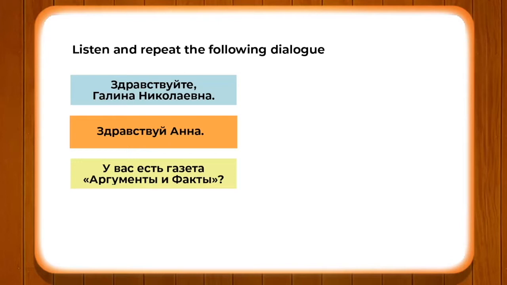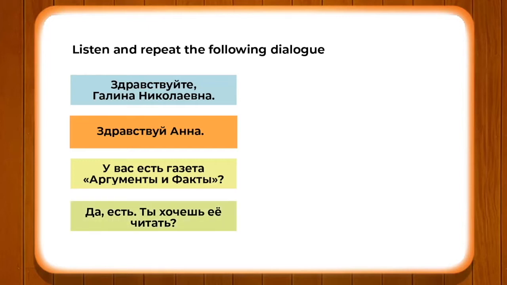So here, if you pay attention, she is addressing Anna with ты, like तुम in Hindi, and вы is like आप in Hindi. Ты хочешь ее читать? Do you want to read it? So ее is for газета, the newspaper. And читать means to read.